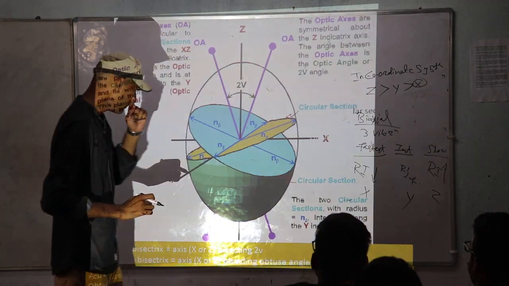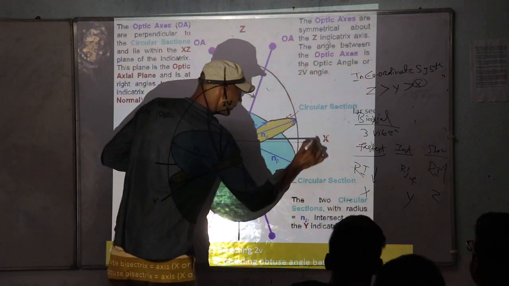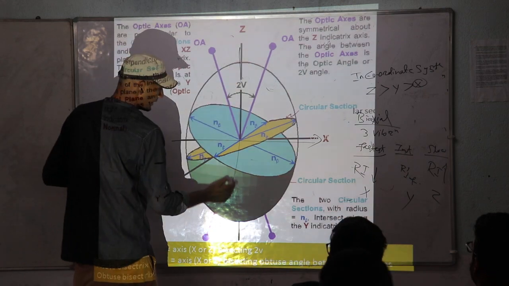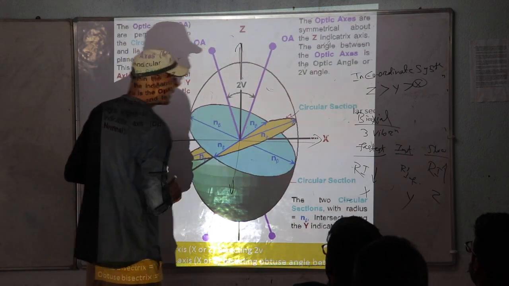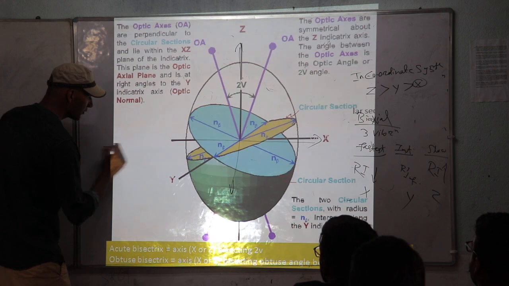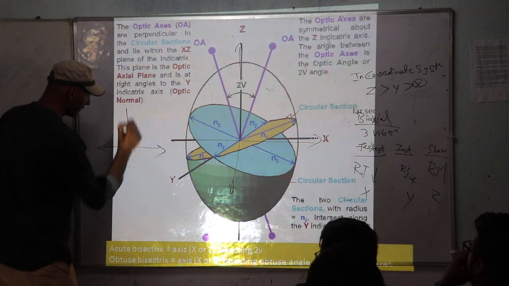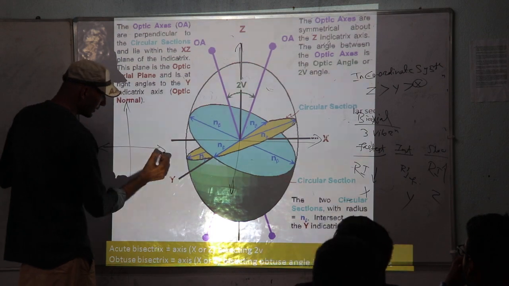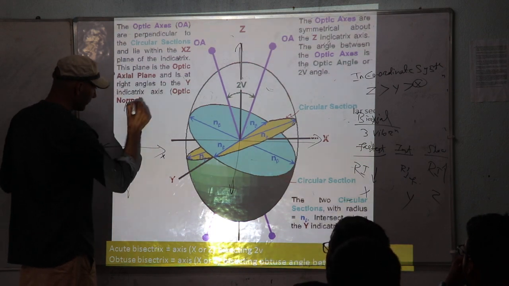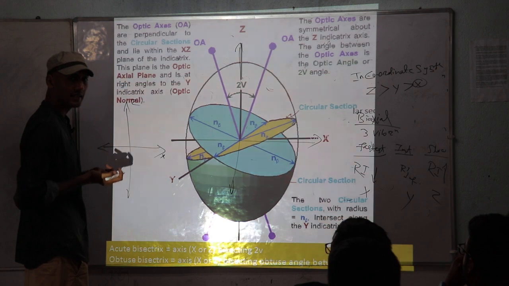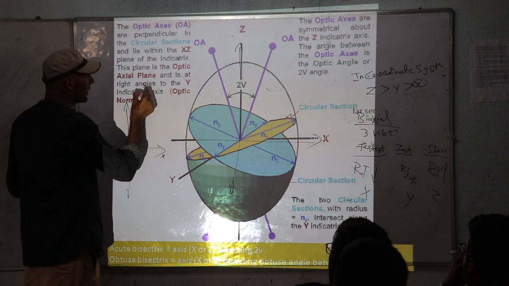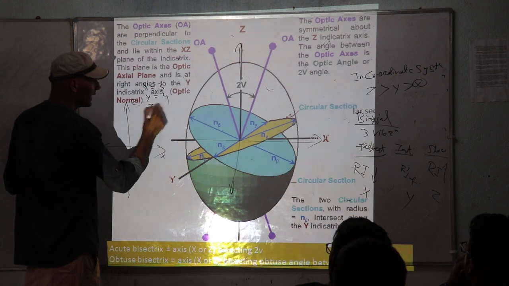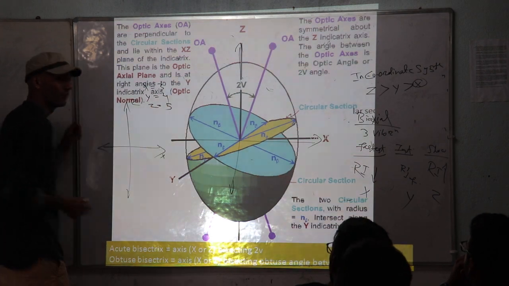See here, this is your X axis, this is the Z axis. As I have told, this is the longest, this is the shortest. Let's take an example. For example, X has a value of 3, Y has a value of 4, and Z has a value of 5.